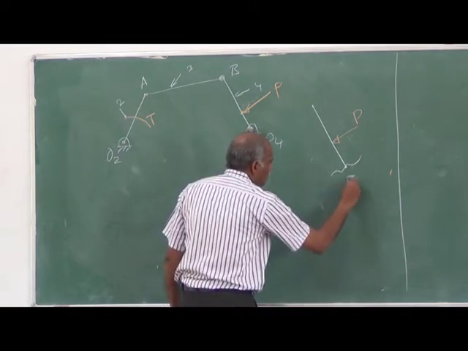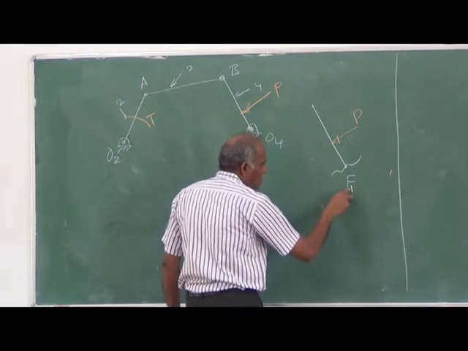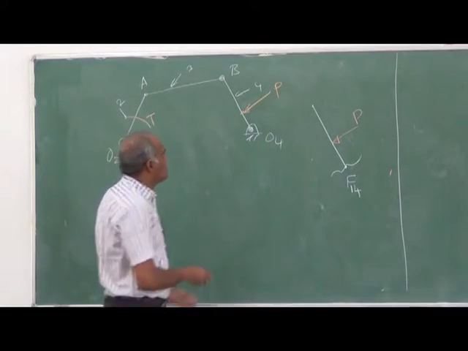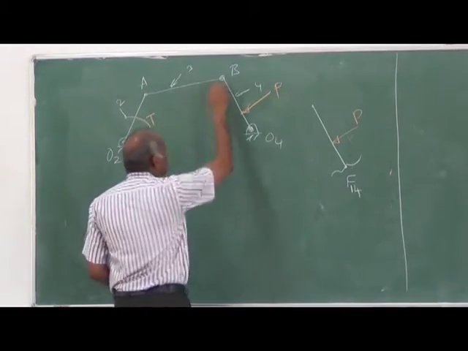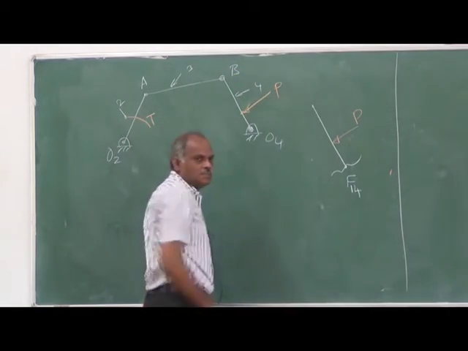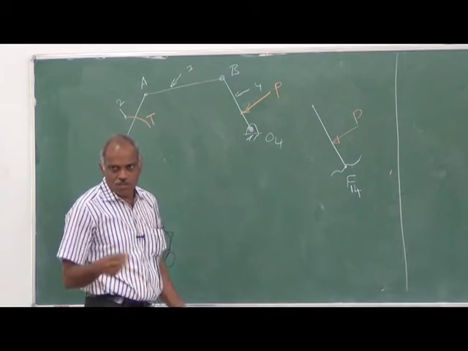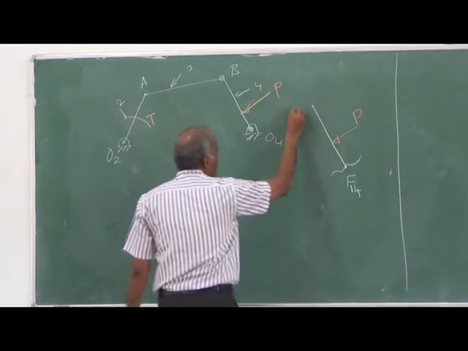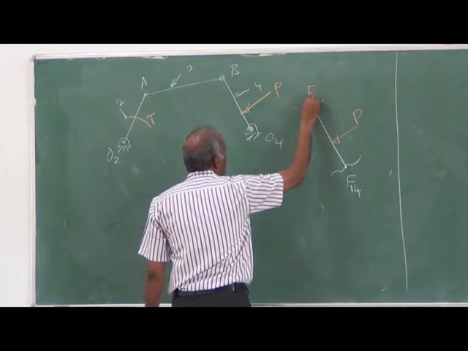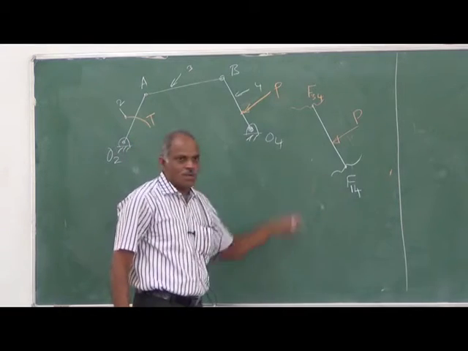I can say that force is given by the force applied by 1 on 4, F14. Here again there is a hinge joint where only force can be transmitted, but this direction is not known right now. So this will be the force applied by 3 on 4. This is the free body diagram of your linkage 4.